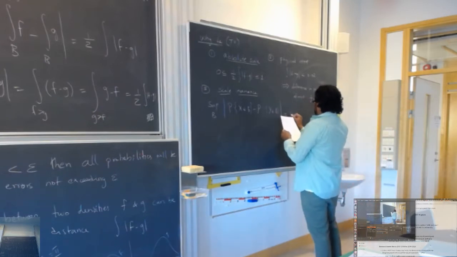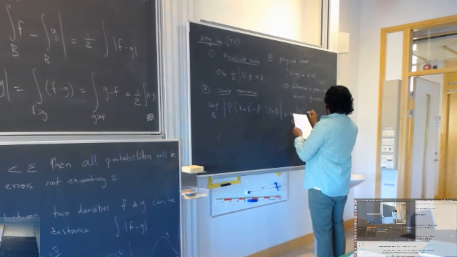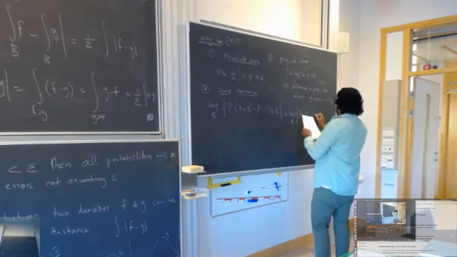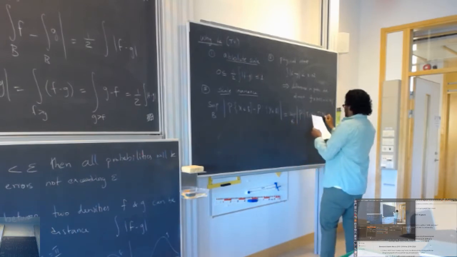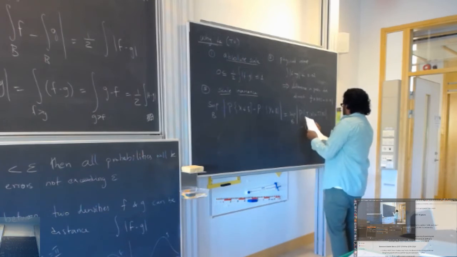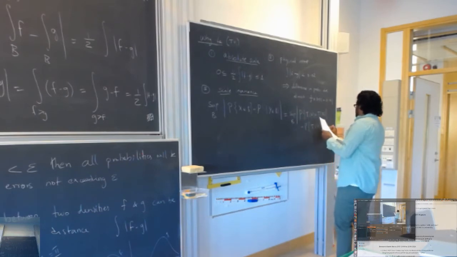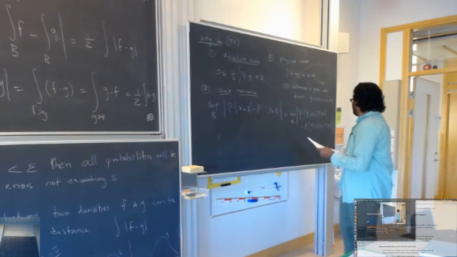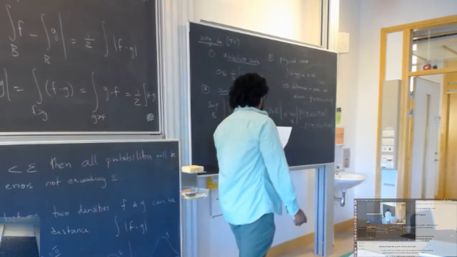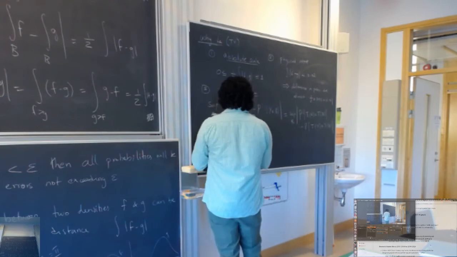This is simply equal to the supremum over B of the probability of T of X in T of B minus the probability of T of Y in T of B. That's just equality. I'm just chasing events in T.